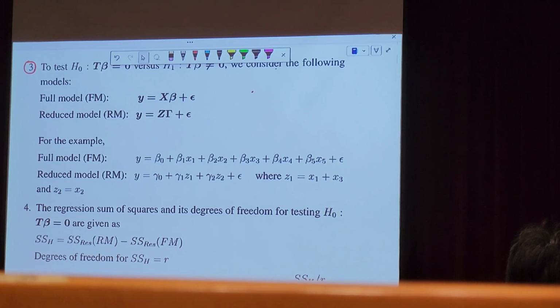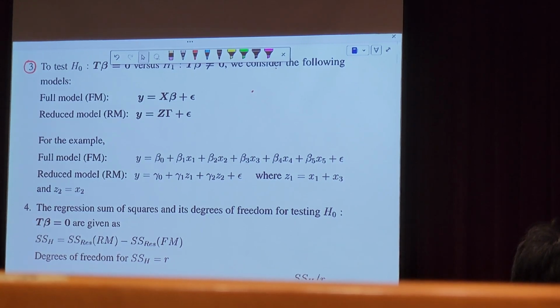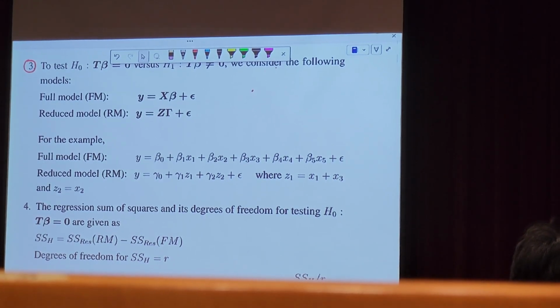Okay, so now, how do we go about testing this? How do we go about testing this? Well, surprise.